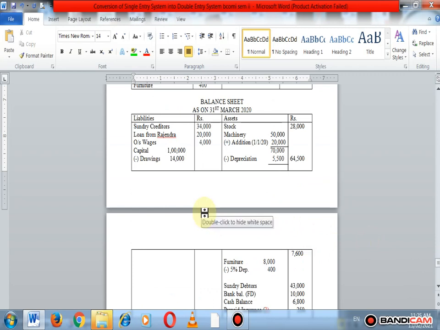So here less, into bracket goods, amounted to rupees 1,000.